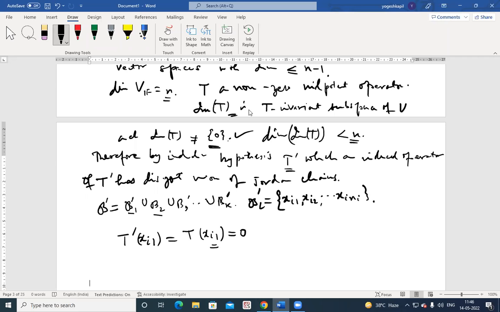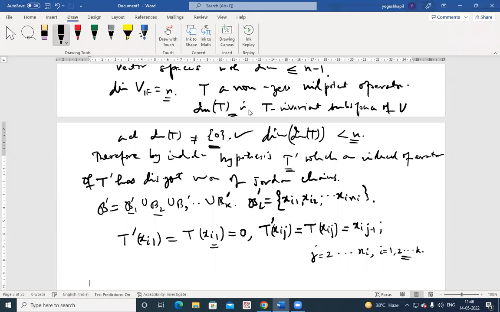Here the eigenvalue is 0, so this is 0 times xi1. And T dash of xij is T of xij, that is equal to xi j minus 1. This is true for all j starting from 2 to ni, and i ranging from 1 to k.